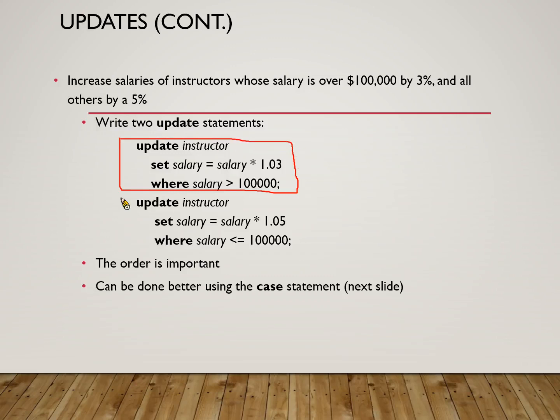And another update statement is similar to the previous. However, it sets salary equal to salary times 1.05, where salary is less than or equal to $100,000. In these situations, it also can be done by a case statement.